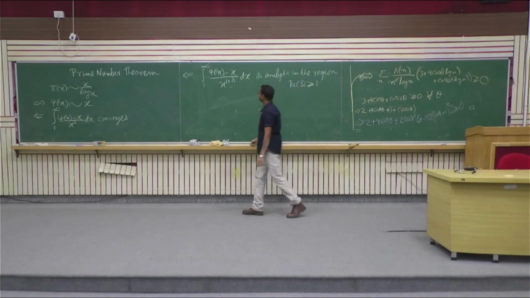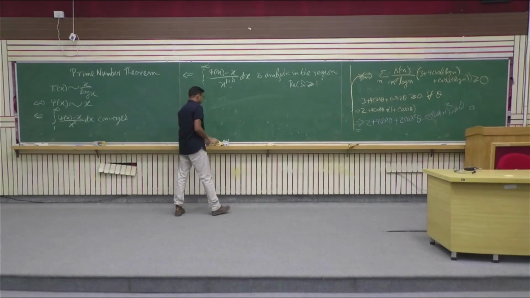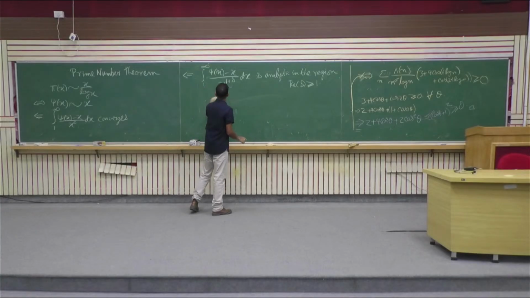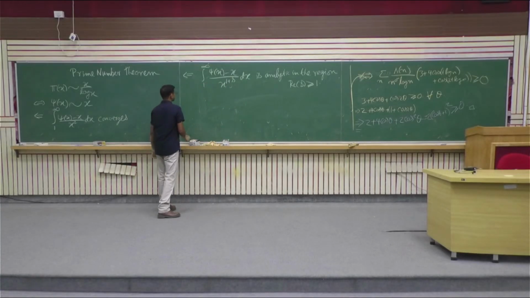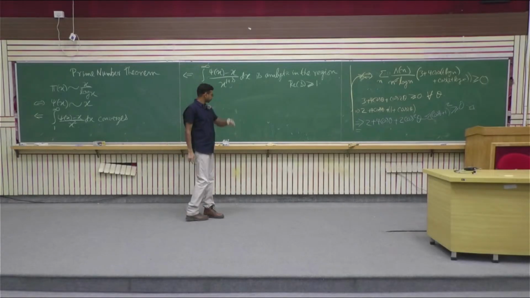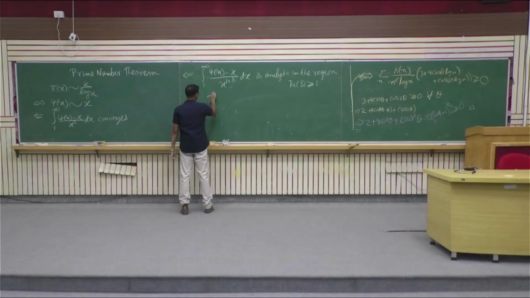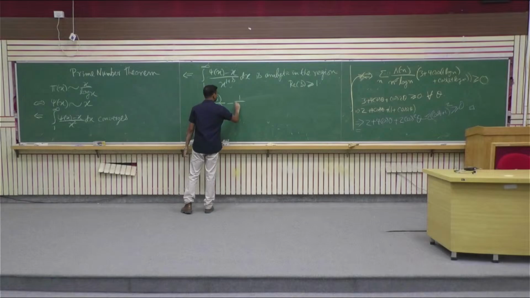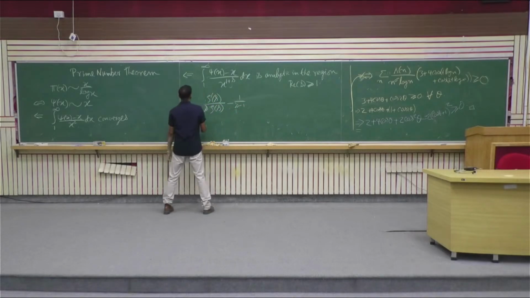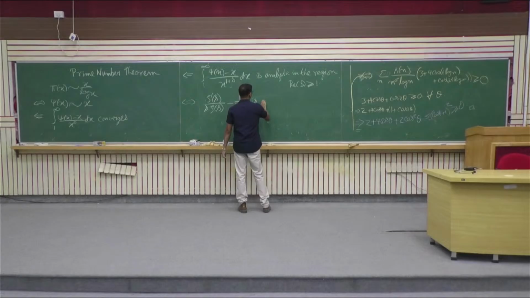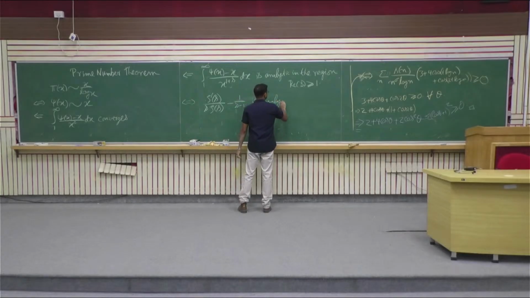And after this, we got this, showing that this was analytic in the region depending on showing that zeta prime s by s zeta s minus 1 by s minus 1 is analytic in this region.